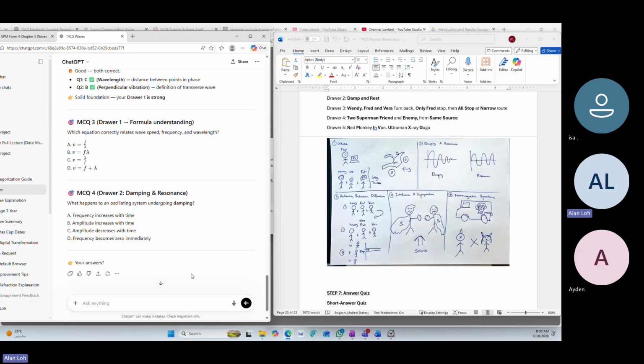Okay, number 3 is drawer 1, number 4 is drawer 2. On your right hand side is the drawing for your reference.